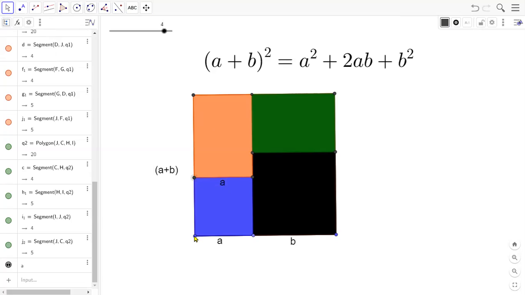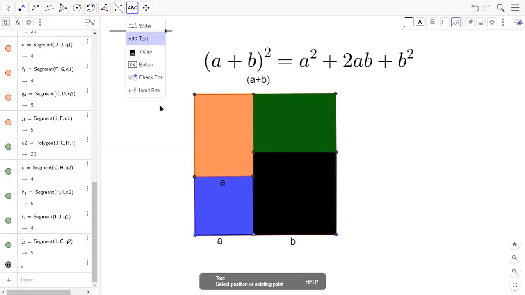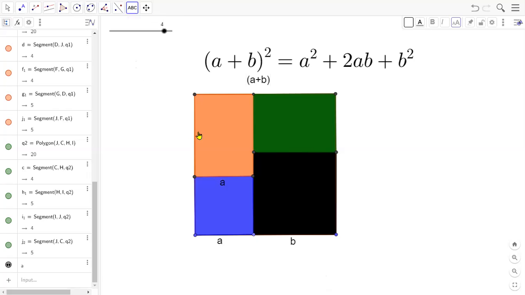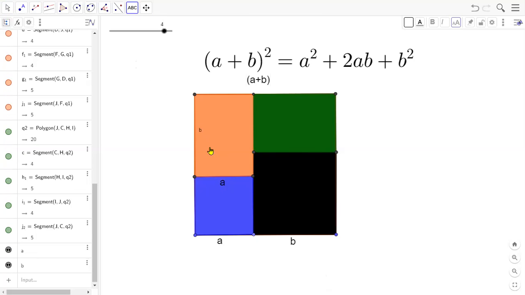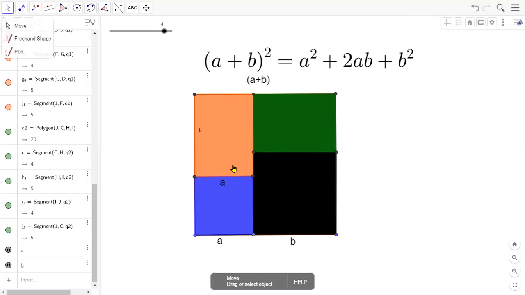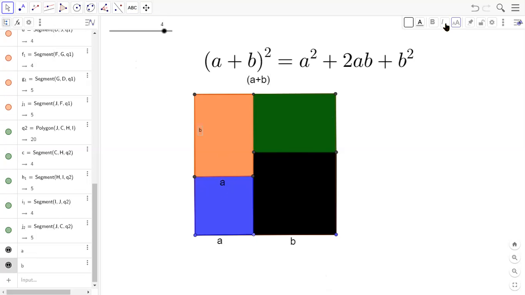So the remaining line segment will be b unit. This is a rectangle with length b unit and width a unit.